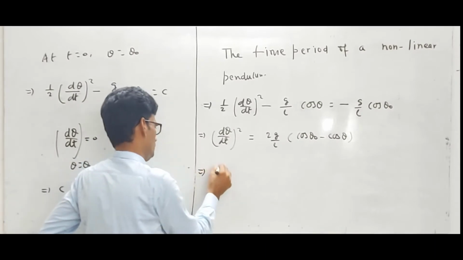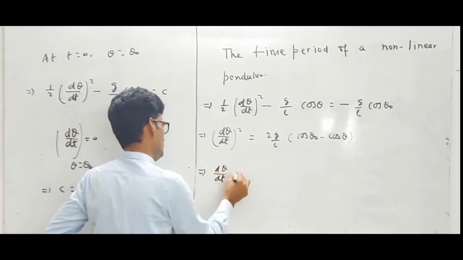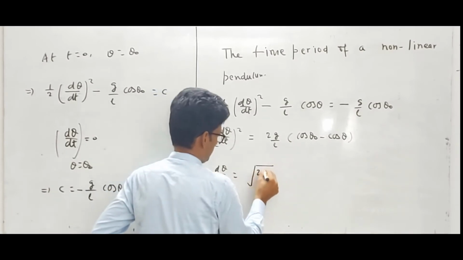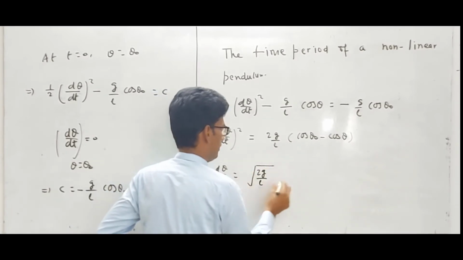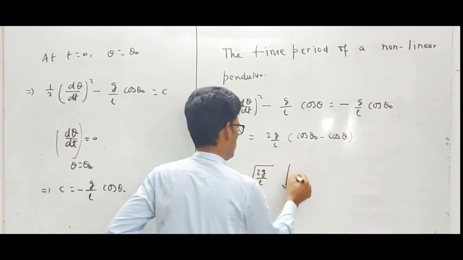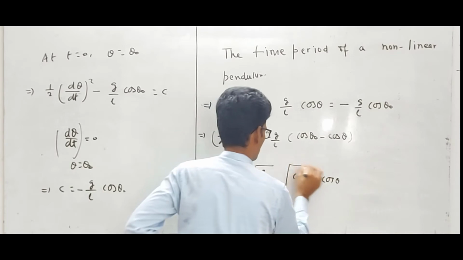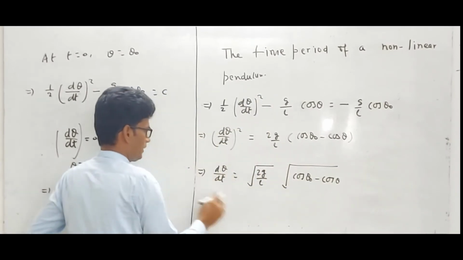So d theta by dt is equal to square root of twice g over L under root cos theta naught minus cos theta.